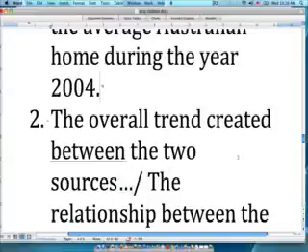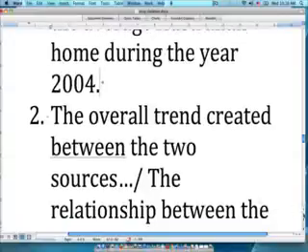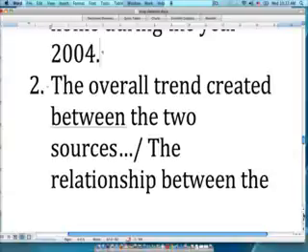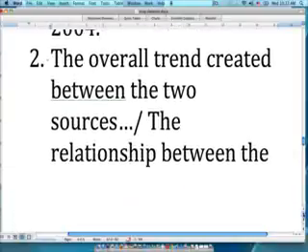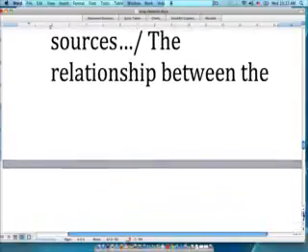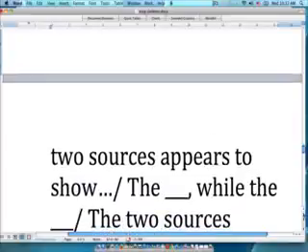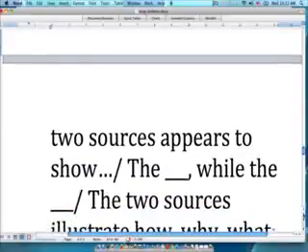So, the overall trend created between the two sources shows, or illustrates, or perhaps you could start, the relationship between the two sources appears to show. Maybe that there's a positive correlation between them, which means they move in the same direction, or there's a negative correlation between them, which means perhaps one source moves in one direction, the other source moves in the opposite direction.